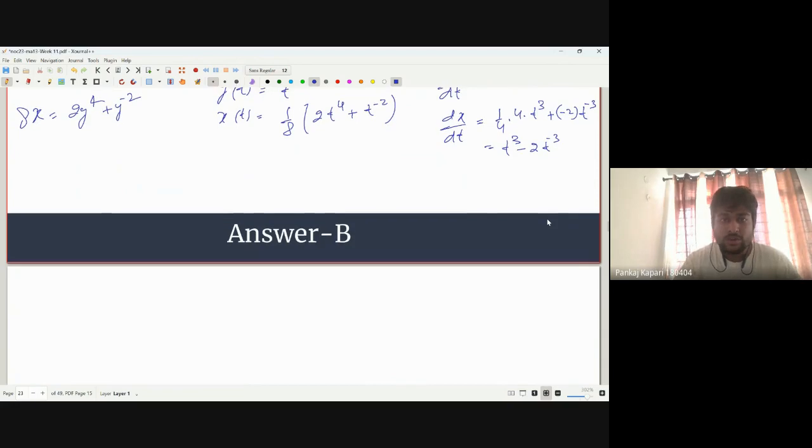So what is the arc length? ds is equal to the square root of x prime of t squared plus y prime of t squared dt.